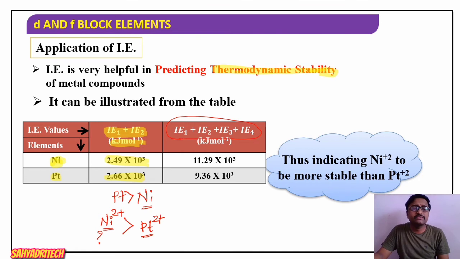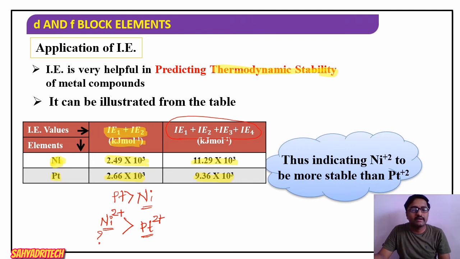For nickel, how much is it? 11.29 × 10^3 kJ/mol, and for platinum 9.36 × 10^3 kJ/mol.